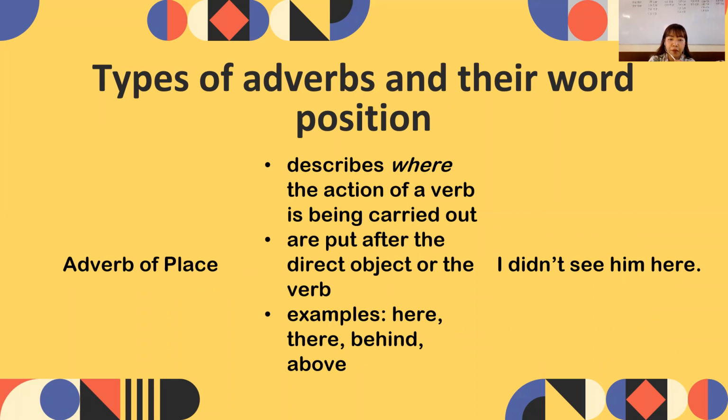Adverbs of place are usually put after the direct object or the verb. Some examples are here, there, behind, above. Other examples are yung mga prepositional phrase natin, so at the park, at the mall, in the cabinet, under the table, ganun. Mga adverbs of place. Kasi where naman ang question.